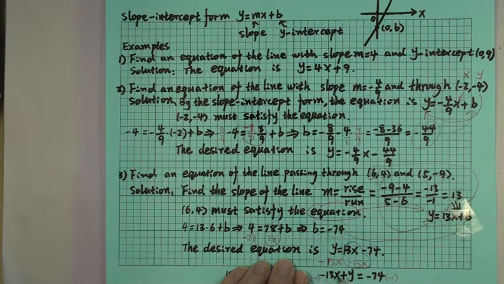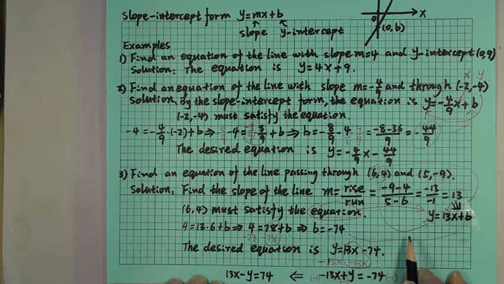This term multiplied by negative 1, this y multiplied by negative 1, and negative 74 multiplied by negative 1. So then your answer would be like this: positive 13x, negative y, equals positive 74. So either one of these three is correct.